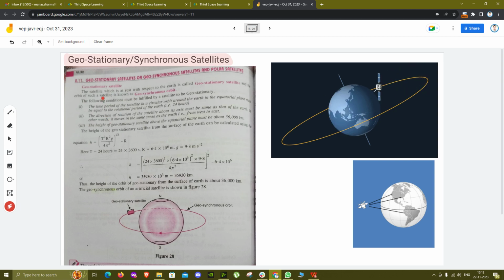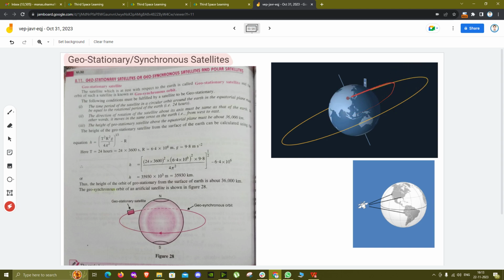So these conditions are: first, the satellite must be in a circular orbit around the Earth in the equatorial plane. Remember that this geostationary satellite is revolving in a plane. This plane is the equatorial plane. Let's say we know that this is the equator.